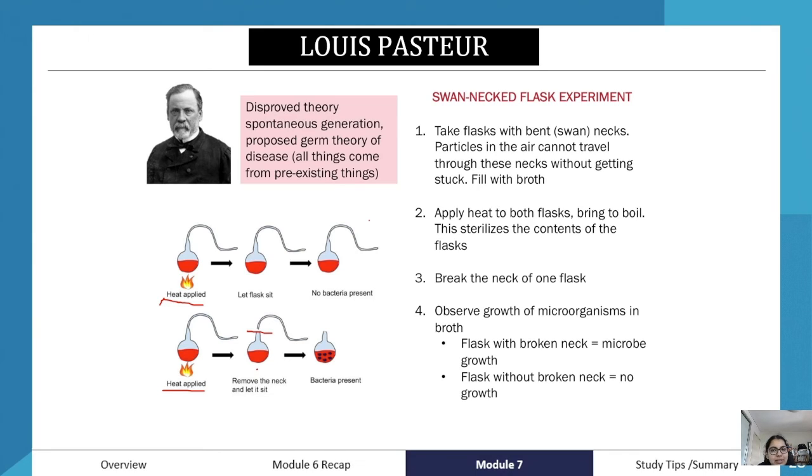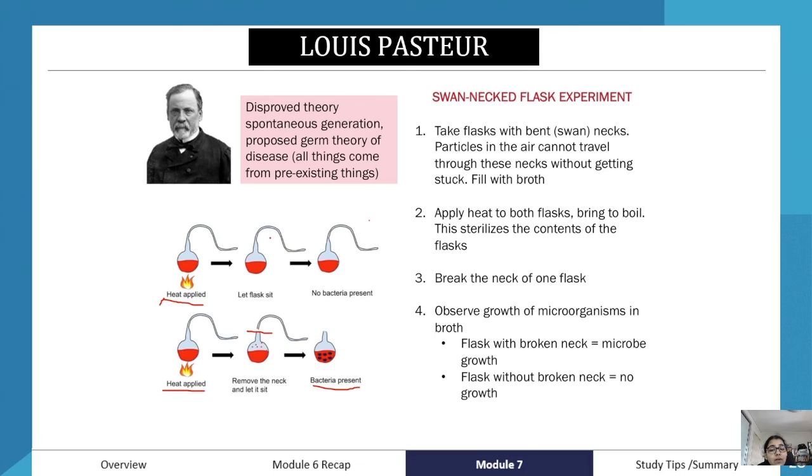When that happens, that means that suddenly all the microbes in the air have access to this solution right here. So all the microbes from the air are going to come in, and that is going to lead to bacteria being present in the flask.